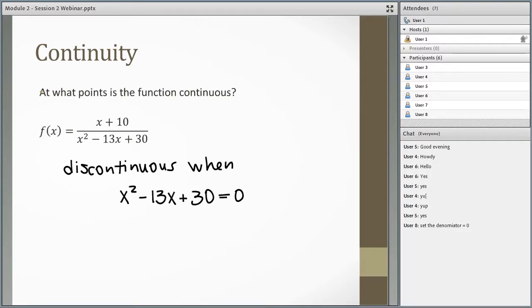So what we can do is we can factor this, just like we did in the last webinar. So I always draw my two parentheses, still equals 0. I have an x and an x. I always keep the first sign, so what is the second sign going to be?